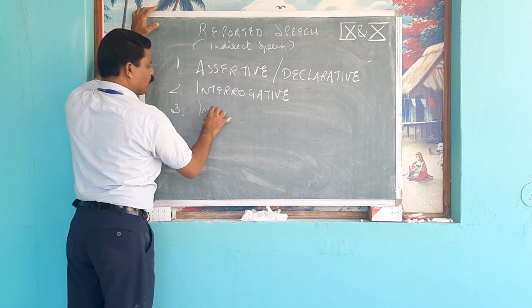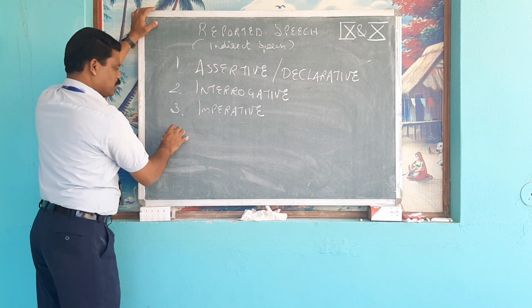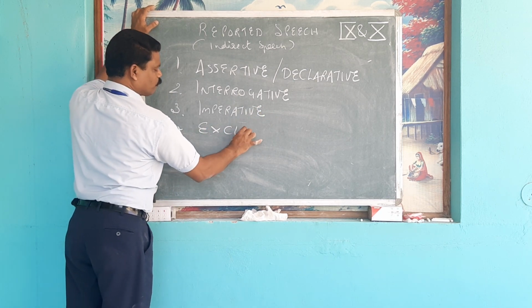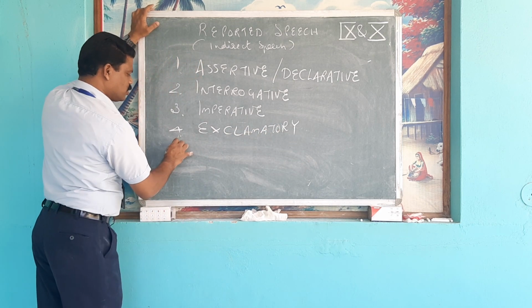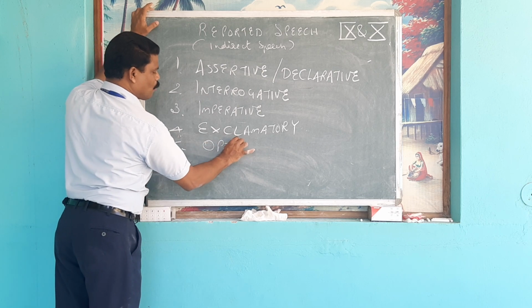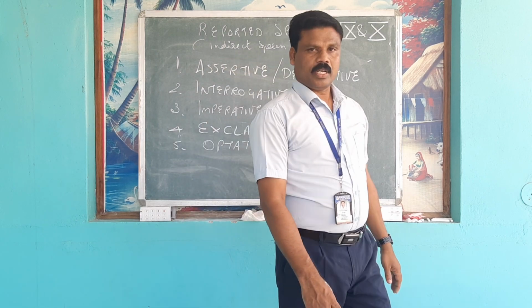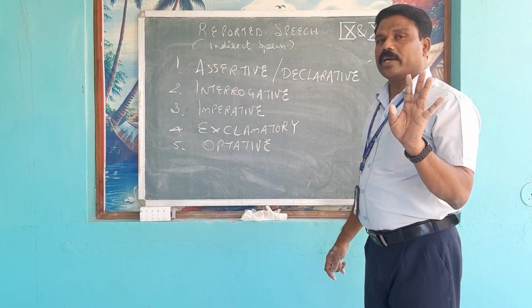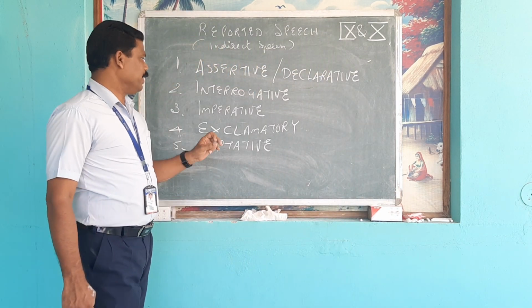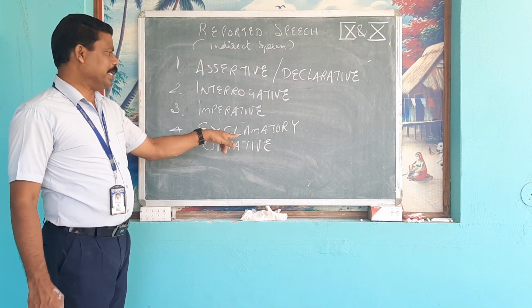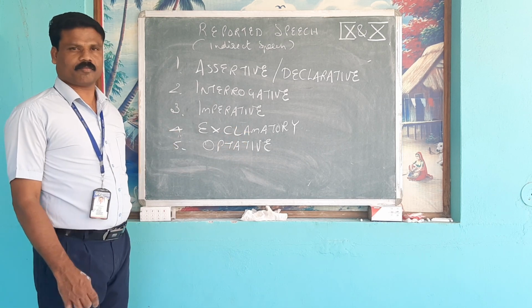Number three, imperative sentence. Number four, exclamatory sentence. And number five, optative sentence.